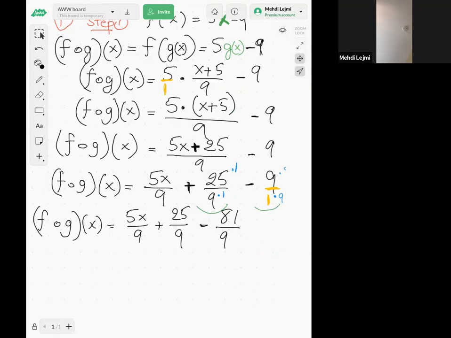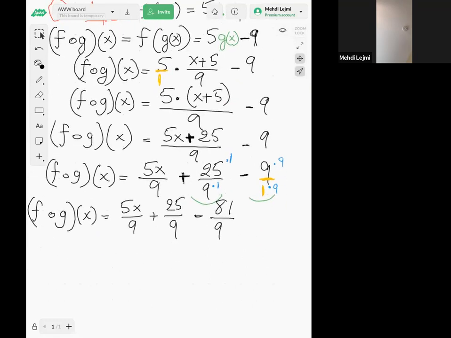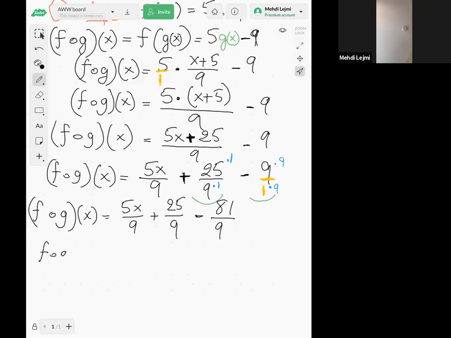25 minus 81, so my f of g of x is going to be 5x over 9, and 25 minus 81, it's minus 56. So this is minus 56 over 9. There's nothing else we can do here, guys.